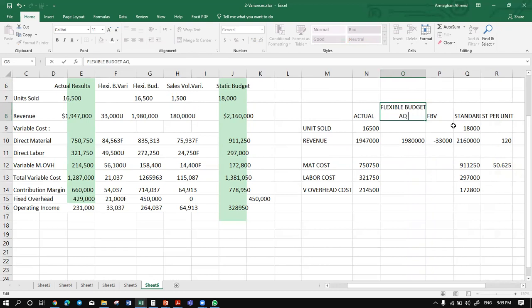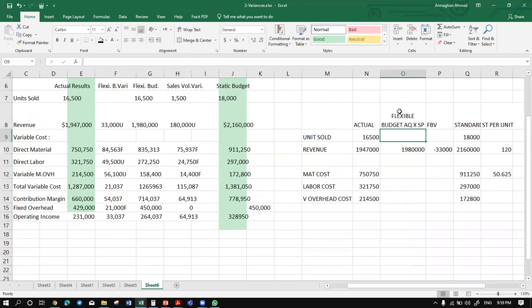Actual quantity times standard price. Actual quantity is 16,500 and standard price is 120. And how will I calculate flexible budget variance? I will calculate actual minus flexible budget.